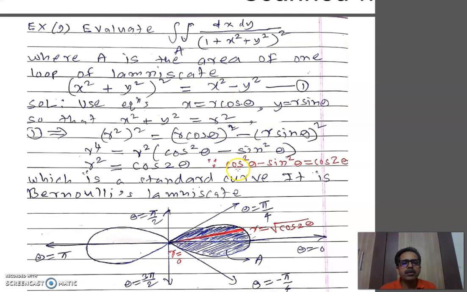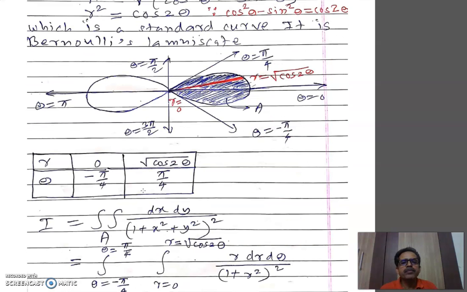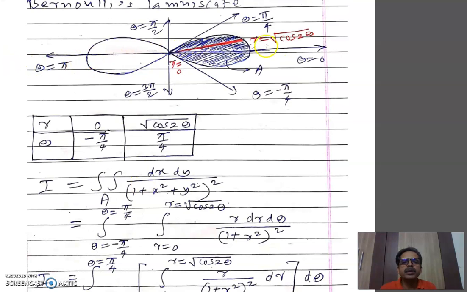Using cos square theta minus sin square theta equal to cos 2 theta, we get the equation r square equal to cos 2 theta, which is a standard curve, Bernoulli's lemniscate, and its shape is shown here. We have two loops, and these two loops are symmetric about both axes. We are given that A is the area bounded by one loop.